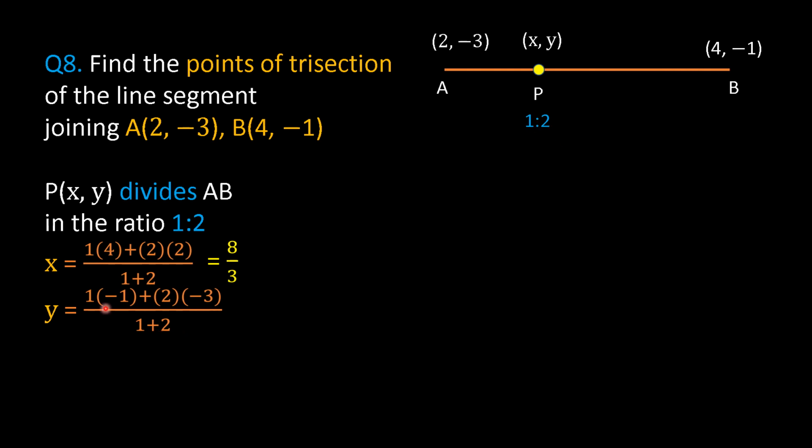So this will be minus 1 minus 6, that is minus 7 by 3. So the y coordinate of P will be minus 7 by 3. So this will be the first point of trisection, P(8/3, -7/3), which divides segment AB in the ratio 1:2.